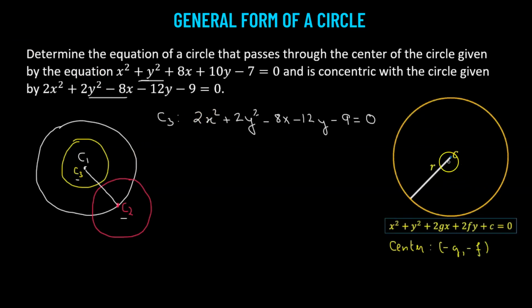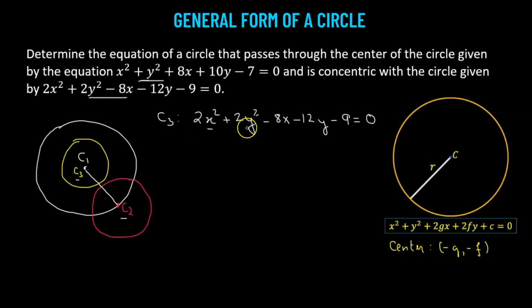Let's say we have a circle with center C and radius R. The general form of a circle is given by this equation: x squared plus y squared plus 2gx plus 2fy plus c equals 0. Then the center is defined by the x coordinate being negative g and the y coordinate being negative f. So our task will be to first rewrite the given equation in its general form.